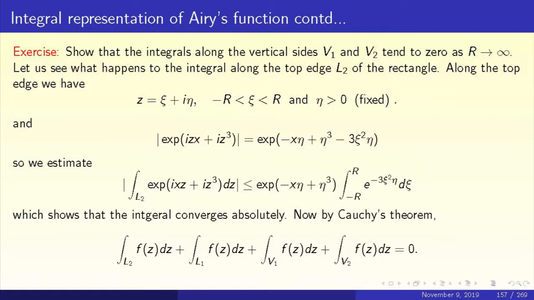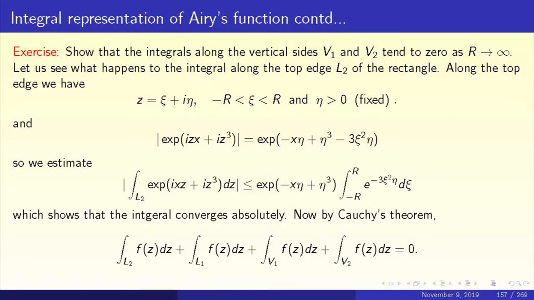Now let us see what happens to the integral along the top edge L2 of the rectangle. Along the top edge of the rectangle, z equal to chi plus i eta. Chi runs from minus r to r, and eta is fixed. And so let us take the absolute value of what we are trying to integrate, namely mod of exponential of i z x plus i z cube.